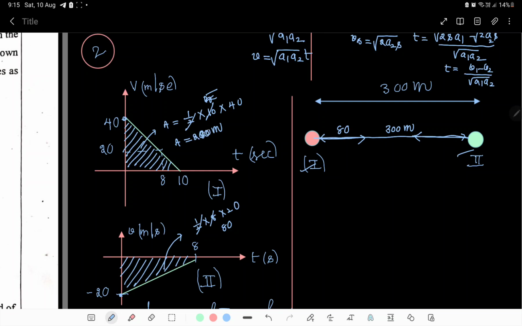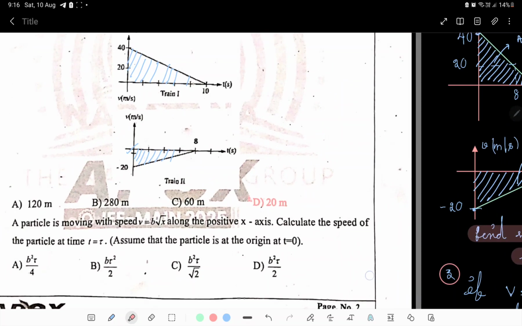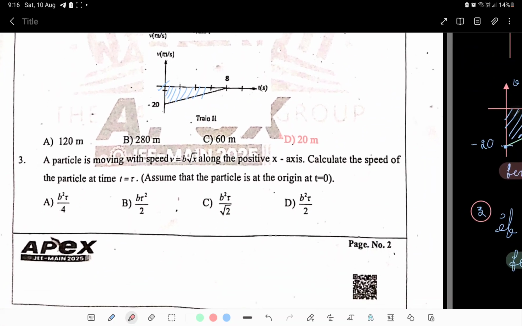Sorry, my mistake. That will be like 200, right? So this is moving a distance of 200 and the other is moving 80. Therefore the separation between these two will be 20 meters, right? Sorry for the calculation mistake. So this is 5 times, so 5 into 40 is nothing but 200, right? So therefore the answer is 20 meters. The answer for the second question is 20 meters, right? That was a calculation mistake, sorry for that.